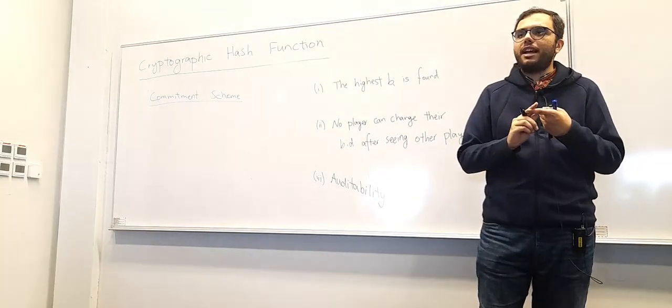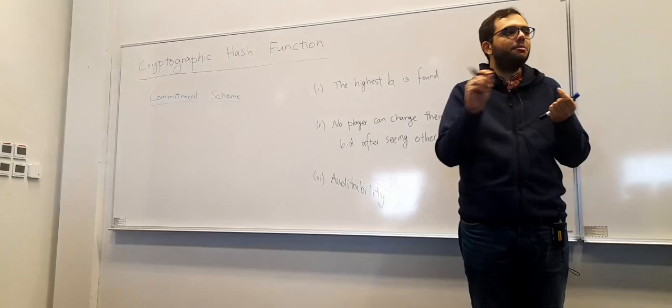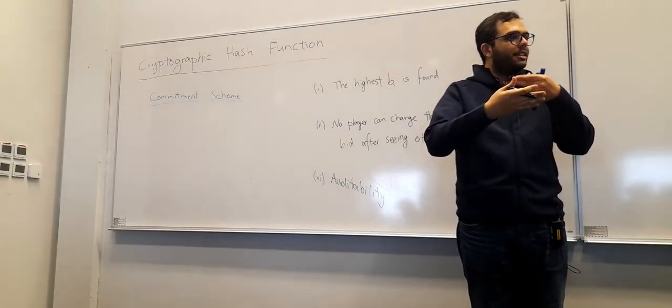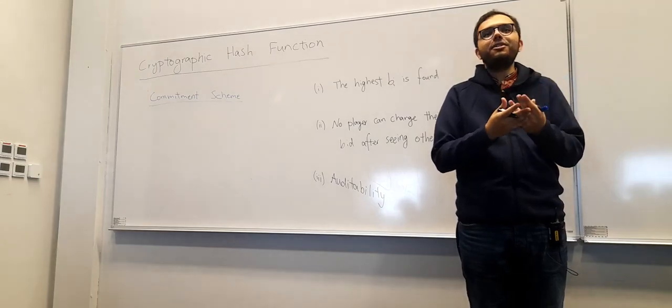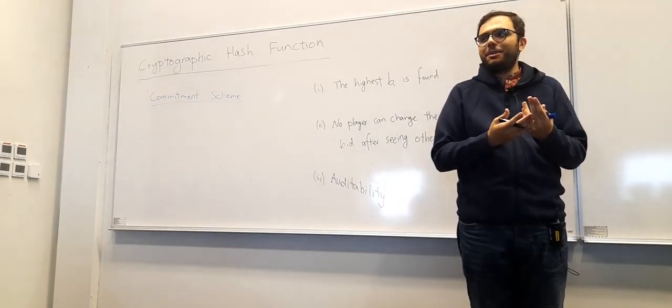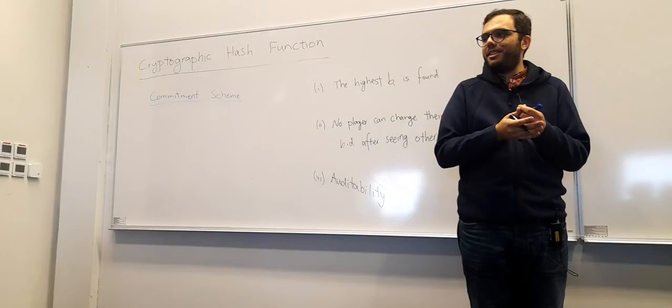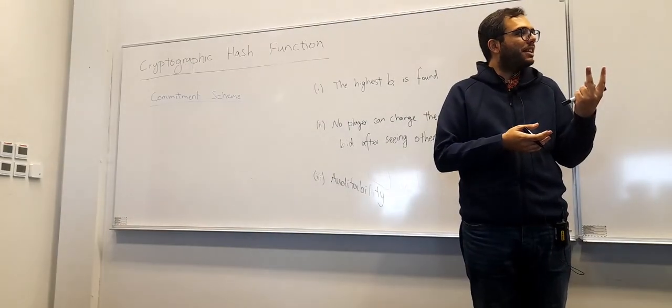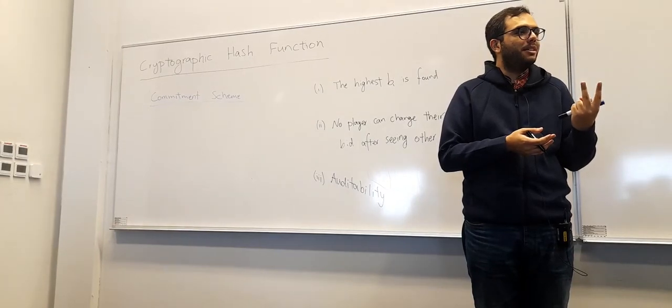The first thing that happens is that no one else can see my bid, right? The envelope is hiding my bid. The second thing that happens is that I can no longer change my bid because it's in the envelope and given to the dealer already. So these are the two properties that I want to have in a digital version of this scheme.